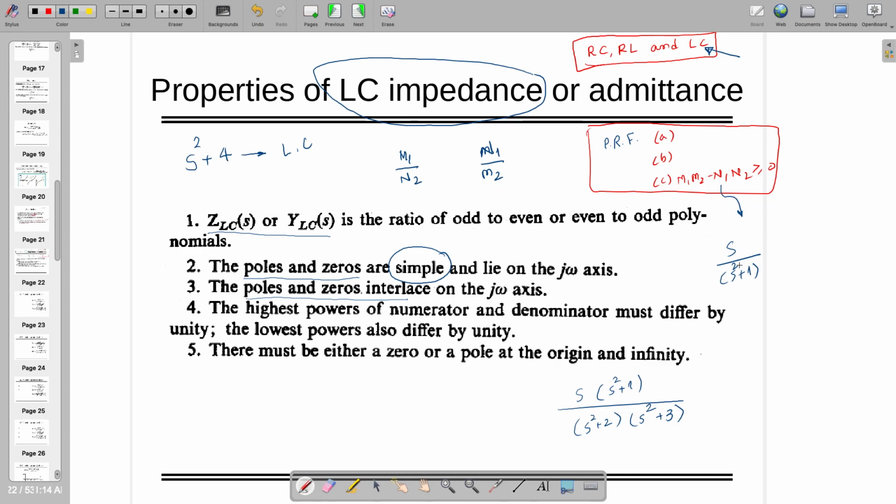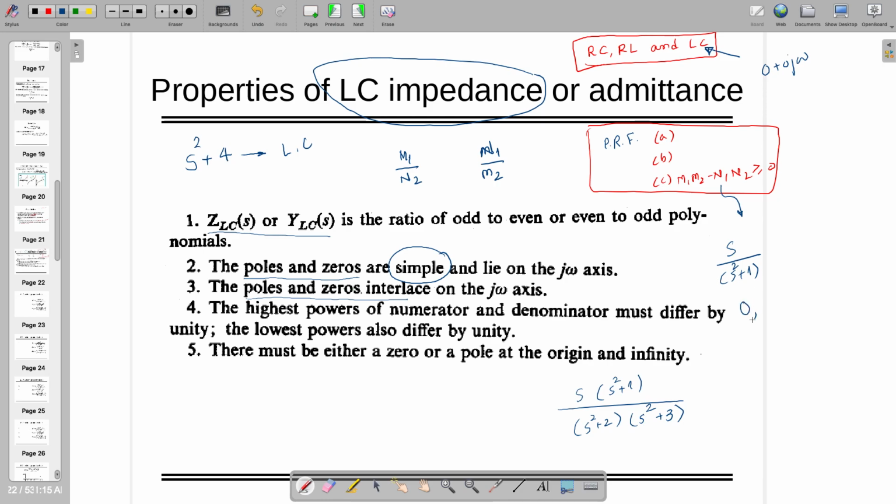No, but you told that zero must lie on the j omega axis. But there is one. It's already okay. So it's equal to zero plus zero j omega, right? It's also on the j omega axis. The s is equal to j omega 1. So in total we have the following number of zeros and poles.